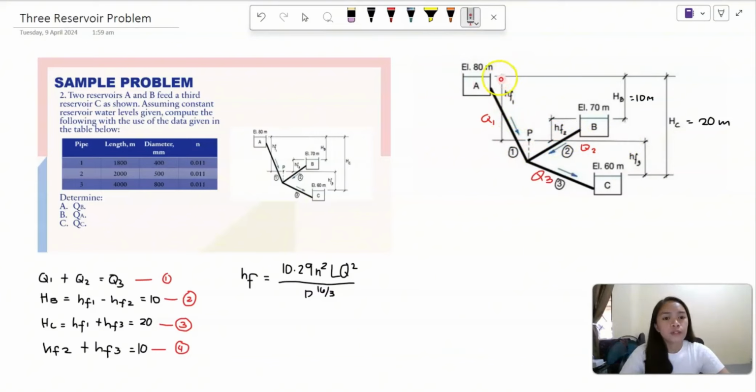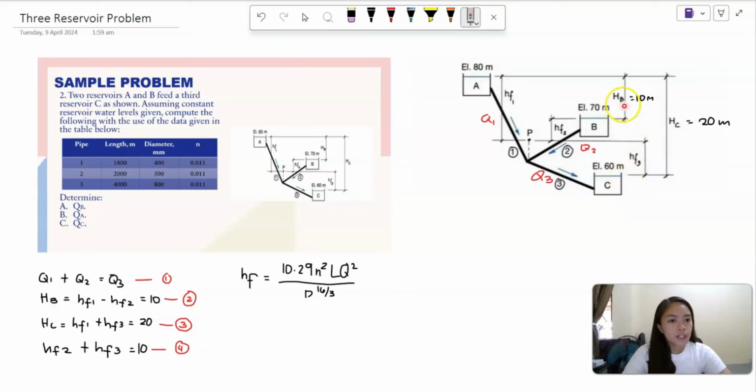From the water surface of reservoir A up to the junction P, this is our head loss 1, or the head loss in reservoir A. For the head loss in reservoir B, denoted as HF2, it is from the water surface of reservoir B up to the junction P. And for the head loss in reservoir C, denoted as HF3, it is from the junction up to the water surface of reservoir C.